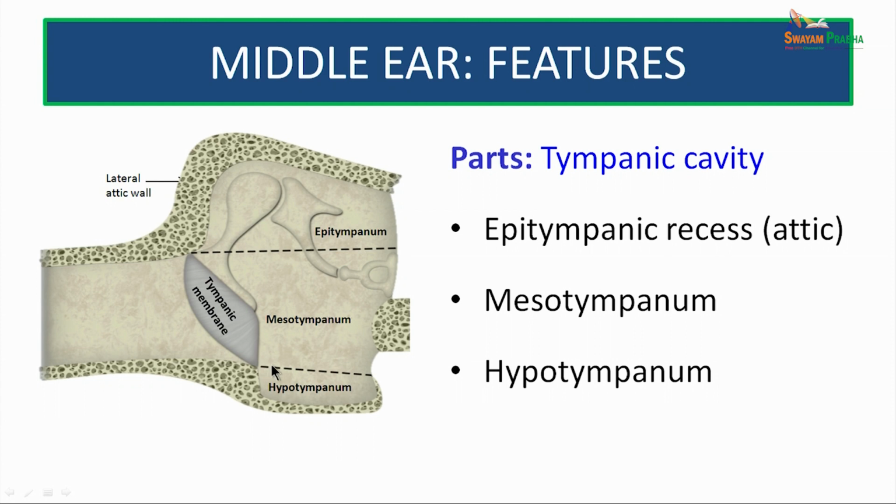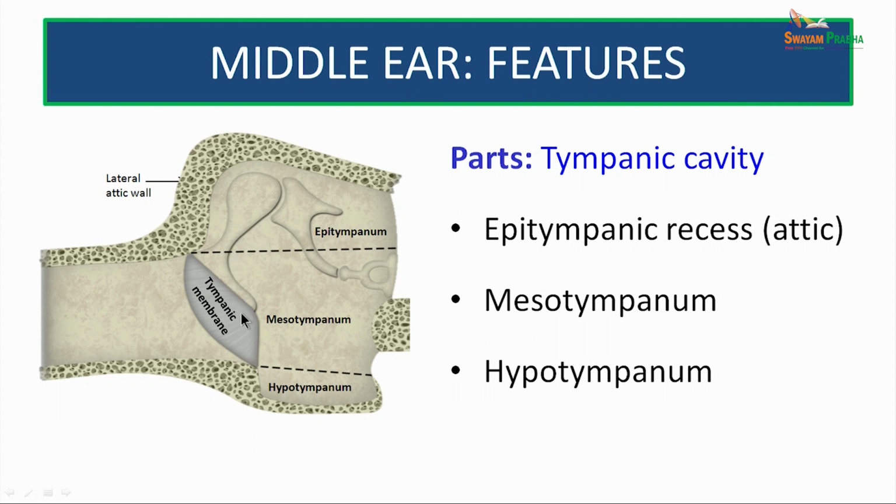Considering the tympanic membrane as the hallmark region, there is a space above the tympanic membrane, that is the epitympanic recess, also referred to as attic, which contains the head of the malleus, and also the incus, that is the head, and short process.